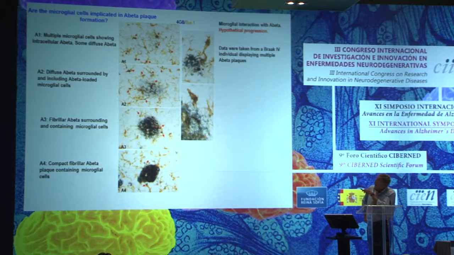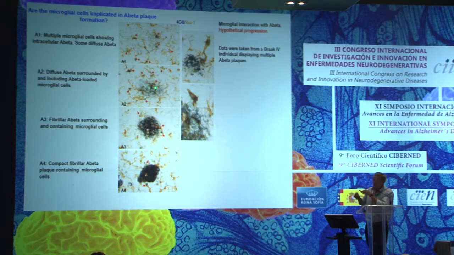As you can see in the first slide, it's hard to see from here, there is some diffuse A-beta and some microglial cells exhibiting A-beta inclusions inside of the cells.